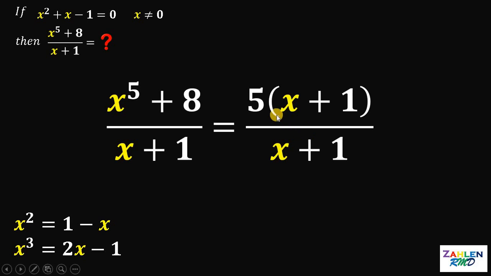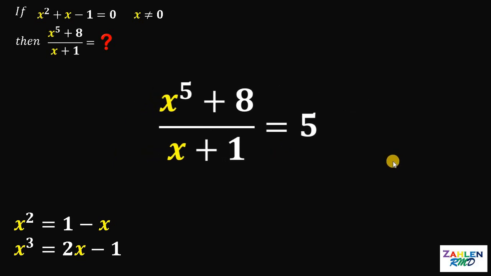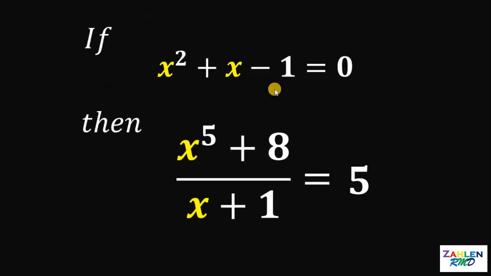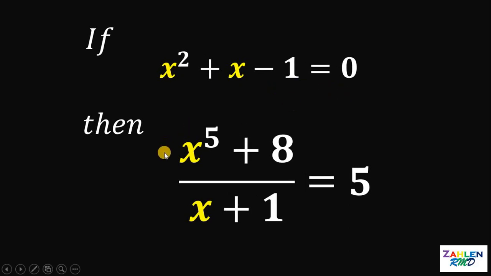On the right-hand side, we can cancel out x plus 1 in the numerator and denominator, and this will give us the value of 5. Therefore, if we have x squared plus x minus 1 equals 0, then the value of x raised to the fifth power plus 8 over x plus 1 is simply 5. And as always, we are done.